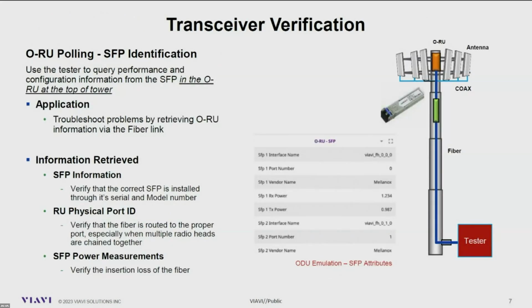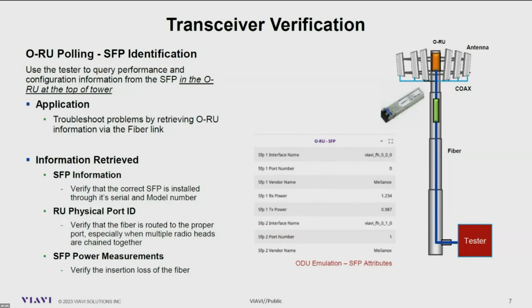Okay, so now we go to Open Fronthaul, the M-plane, right? So here is one example. We have radios on top of the tower or rooftop, wherever, with some antennas and fiber coming in. And we realized with Open Fronthaul, especially with the M-plane, we can offer significant value to our customers.